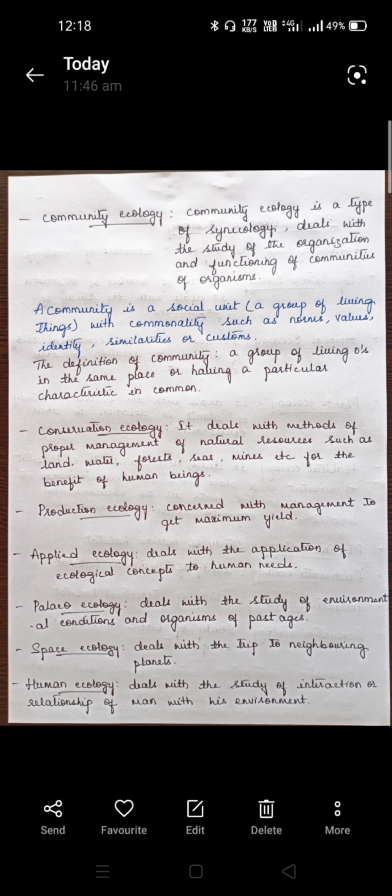Paleoecology deals with the study of environmental conditions and organisms of past ages. Next is space ecology. This space ecology deals with the trip to neighboring planets other than the Earth. Next one is human ecology. Human ecology deals with the study of interaction or relationship of man with their environment.